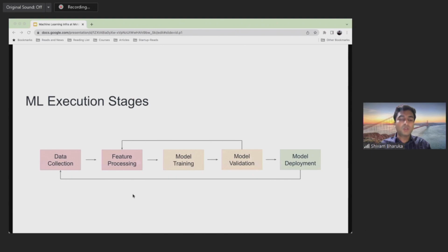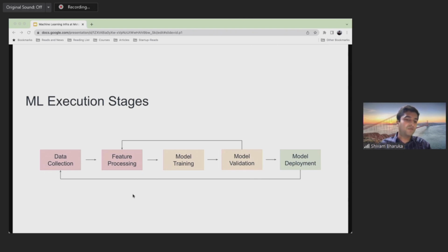So how do these machine learning models get deployed and how are they executed? There are three major steps in any machine learning pipeline. You start with data preparation, which is basically a combination of collecting data from different platforms and processing it to store it in formats which we call features. Once these features are available, we train a model.